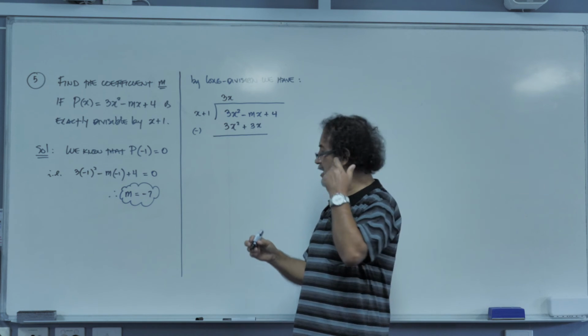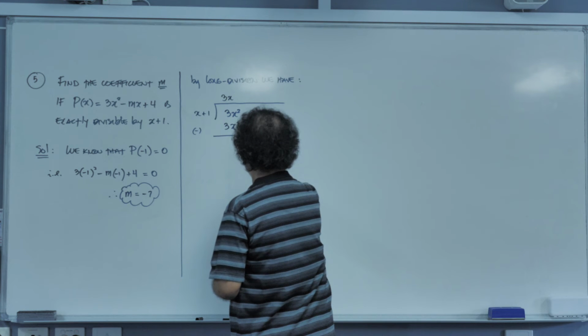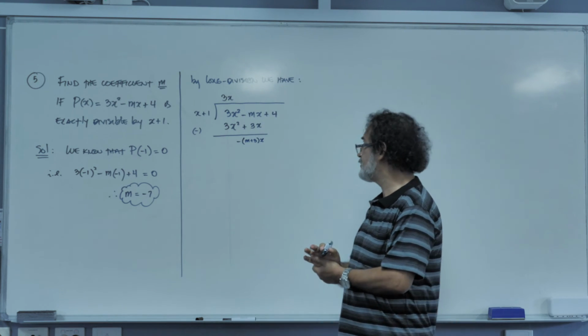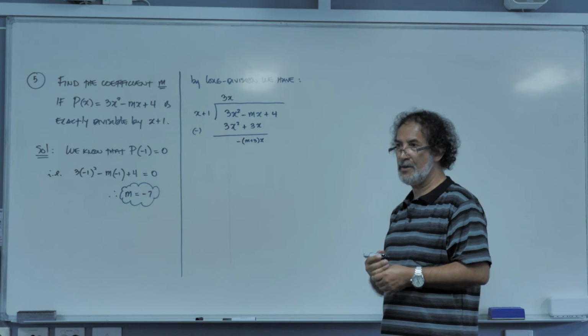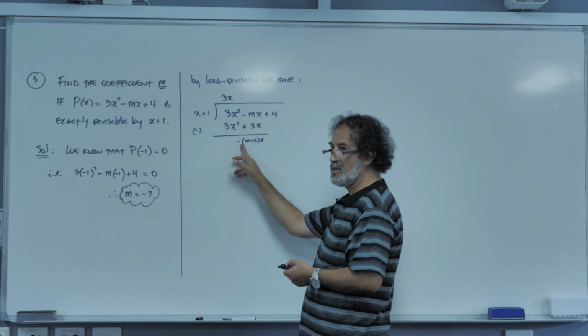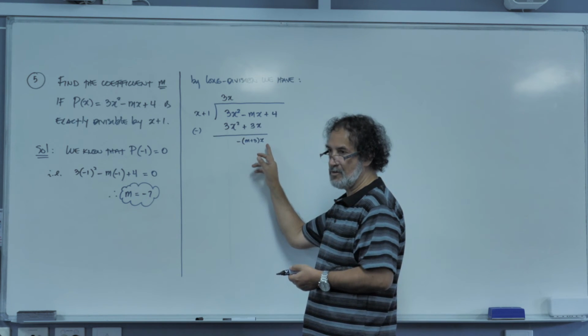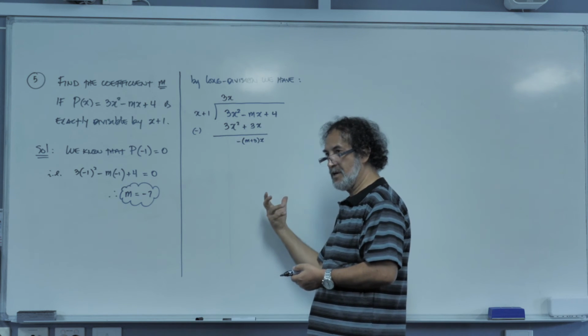Or you can take the minus outside, so you can put this as minus m plus 3 and then put the x in there, like that. Why are they on opposite sides? Does it matter? It doesn't matter. You can put the x at the front. I'm writing this as something multiplied by x. That's all. I'm writing this as a coefficient of x.